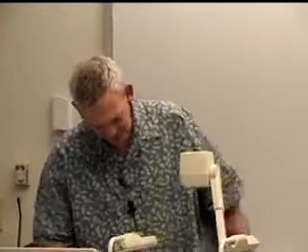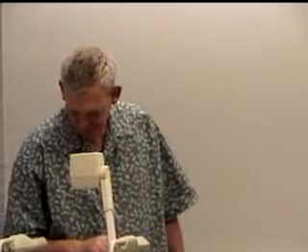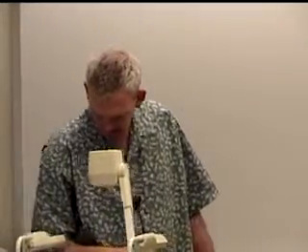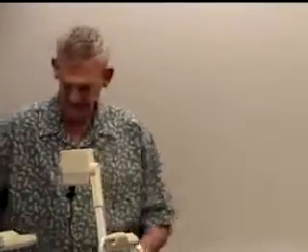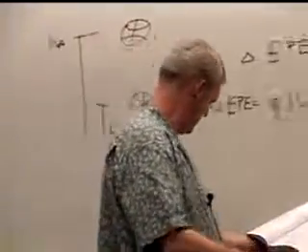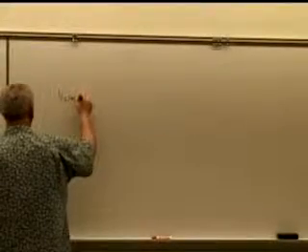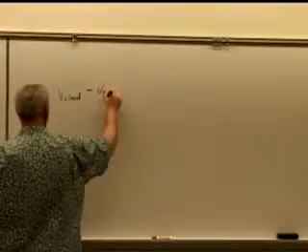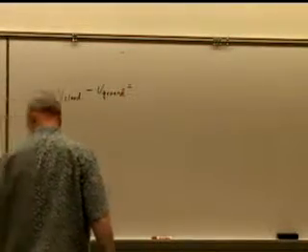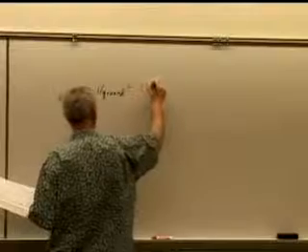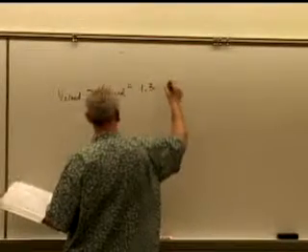It says here, during a particular thunderstorm, the electric potential difference between a cloud and the ground is V cloud minus V ground is equal to 1.3 times 10 to the 8th volts.